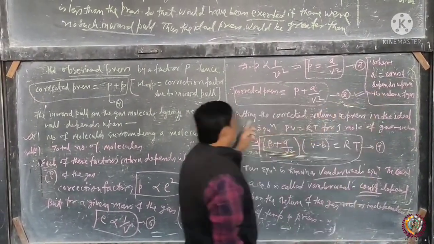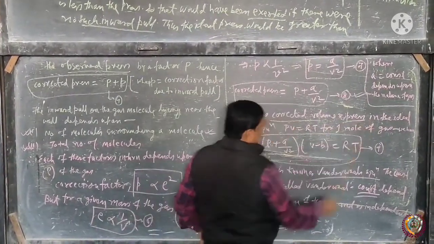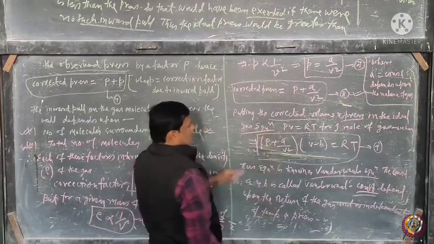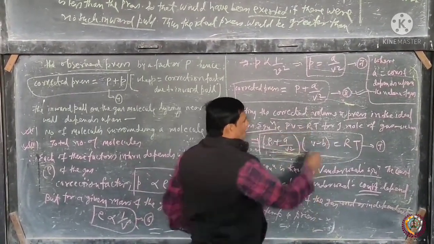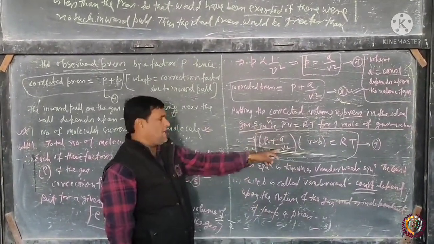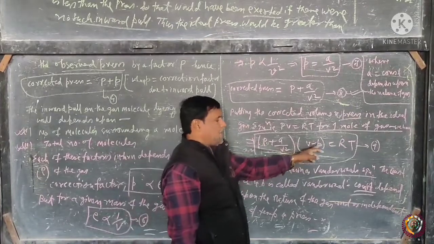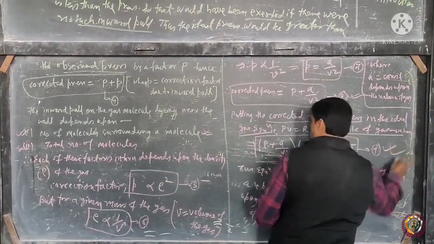Putting the corrected volume and corrected pressure in the ideal gas equation, that is PV is equal to RT, for 1 mole of gas we have (P plus a by V square) within bracket (V minus b) equal to RT, and it is denoted by equation 9.